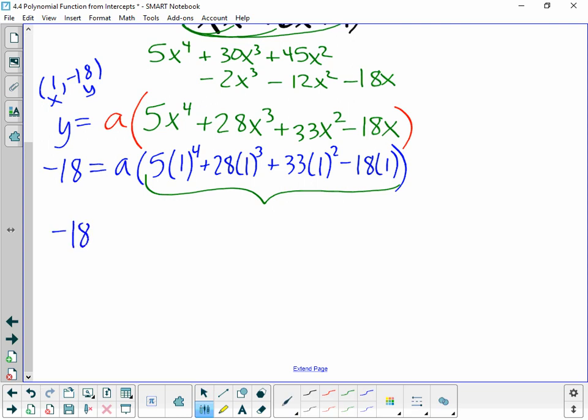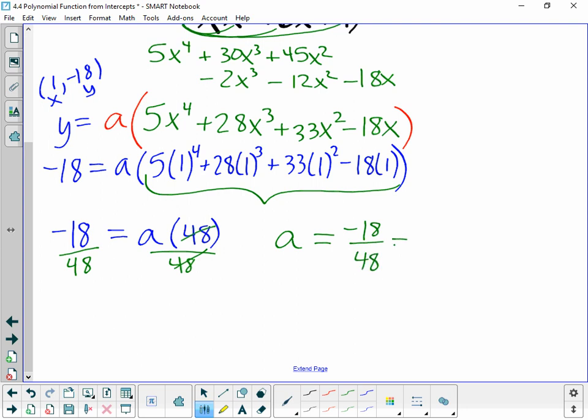So negative 18 is equal to a times 48. To figure out what a is, what the stretch is, we just want to divide by 48. So we get that a is equal to negative 18 over 48, which is a fraction that we can reduce. If we reduce that fraction, it's negative 3/8. They're both divisible by 6. So negative 3/8 is our stretch there.